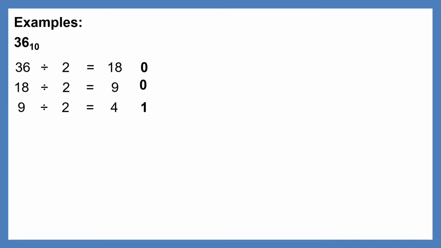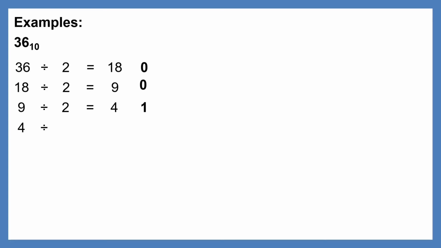Now, you're going to divide again the exact quotient 4 by 2. There's no need for you to add the remainder, so it remains on the side of your quotient.